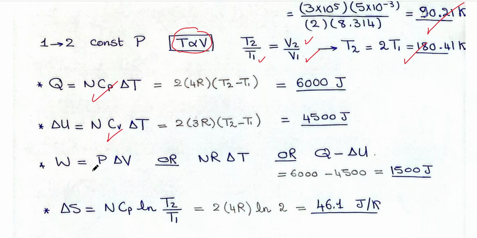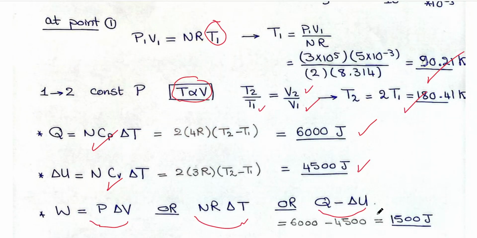And the work in the constant pressure is either PΔV or nRΔT, or simply Q minus ΔU. You can substitute in any form, but for simplicity, you already calculated Q and ΔU, so you can subtract these two numbers and get the work. Finally, we want to calculate the change in entropy, which is nCp ln T2 over T1, and I will find it in joule per Kelvin.